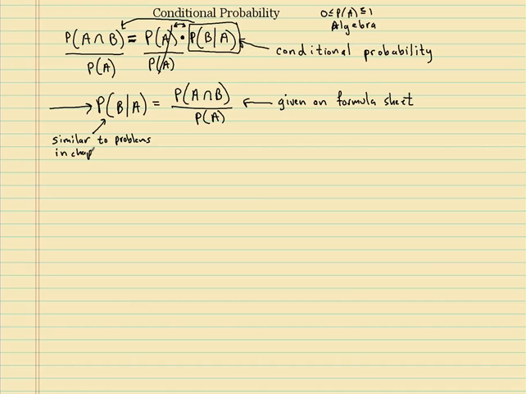If you remember from chapter 2, for the probability given A, this was our who. We restrict who we're interested in, and that goes in the denominator.